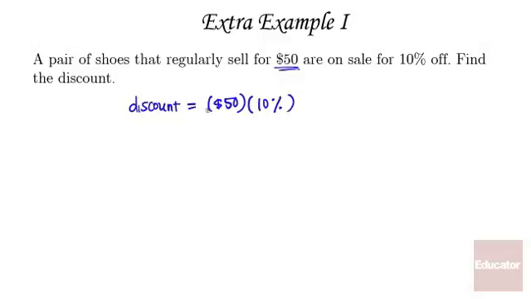Now remember, whenever you use percents in some kind of equation, when you're solving with percent, you have to change it to decimal. So 10% in decimal, you put the decimal point at the end because we don't see one, so it's always at the end. And you're going to move it 2 spaces to the left.